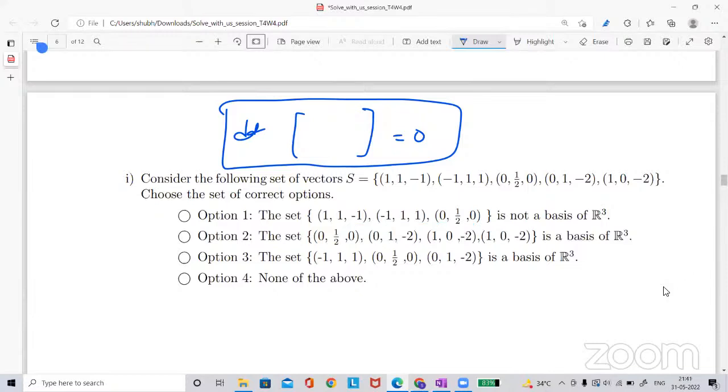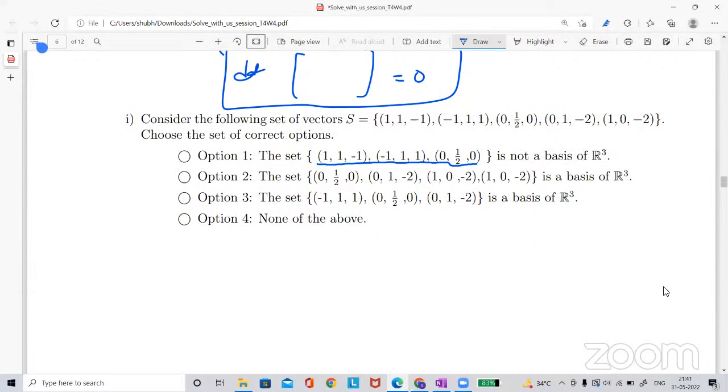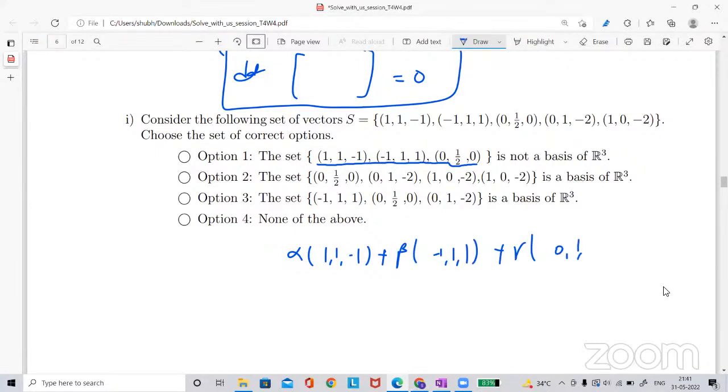Why? Because this is a linearly dependent set, and when you take a span of these vectors, alpha times (1, 1, -1) plus beta times (-1, 1, 1) plus gamma times (0, 1, 0), with any vector, let's say (x, y, z), this gives no solution.